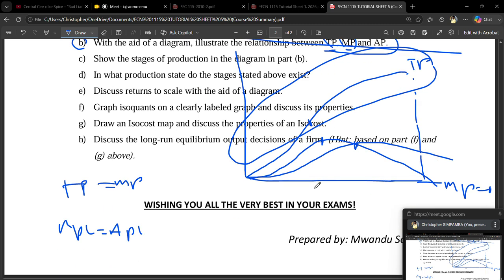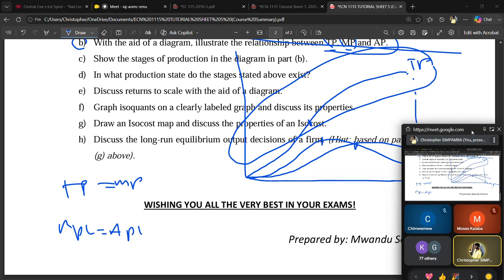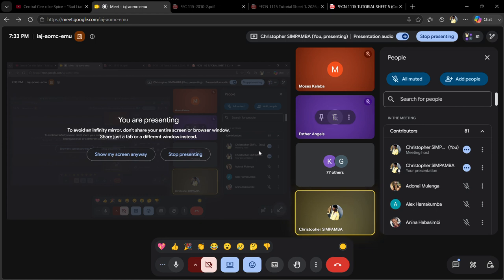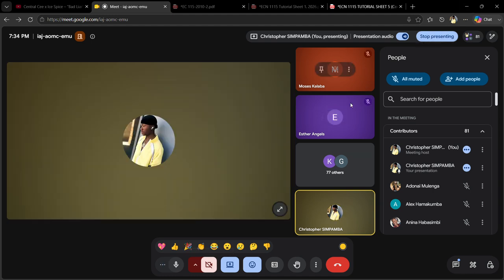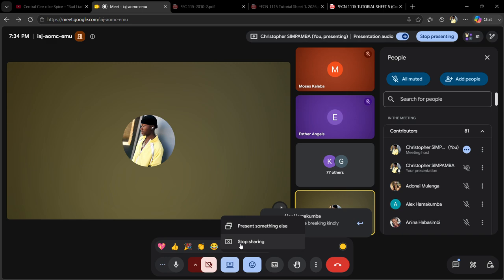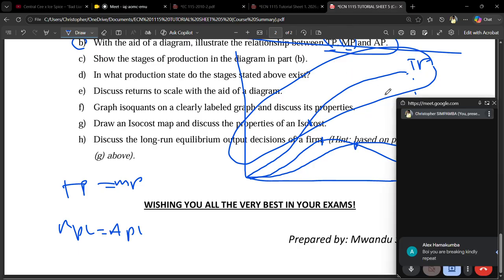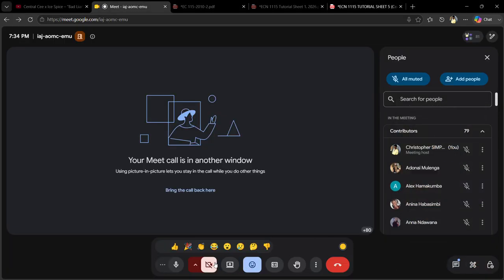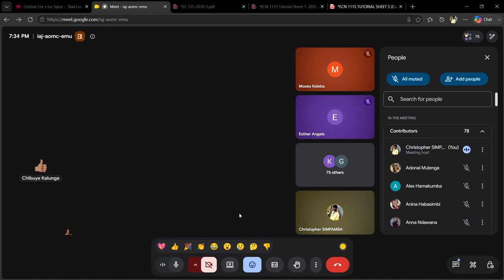Christopher, I'm unable to see the screen. Okay, on my part the screen seems okay. I don't know. We can't get you, and the screen isn't showing. Let me try to cut it, then share it. I don't know why I've started to break. Network problems. Are you able to get me now? Let me just try to share the screen.